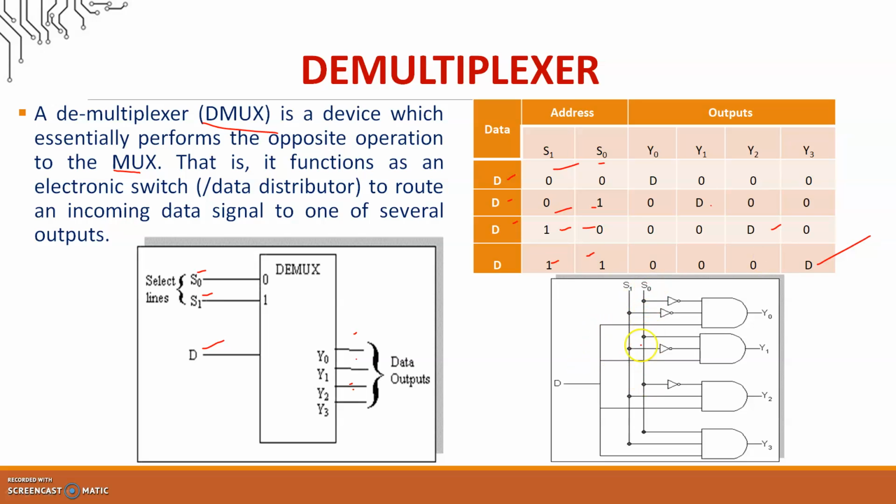So the two select switches route the D value to Y0, Y1, Y2 and Y3. I think you all got it.